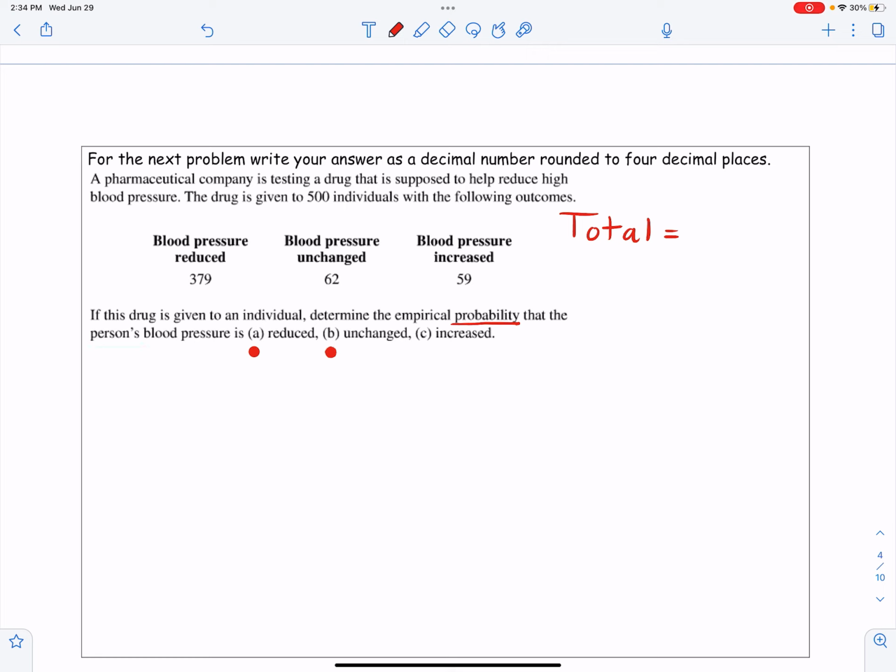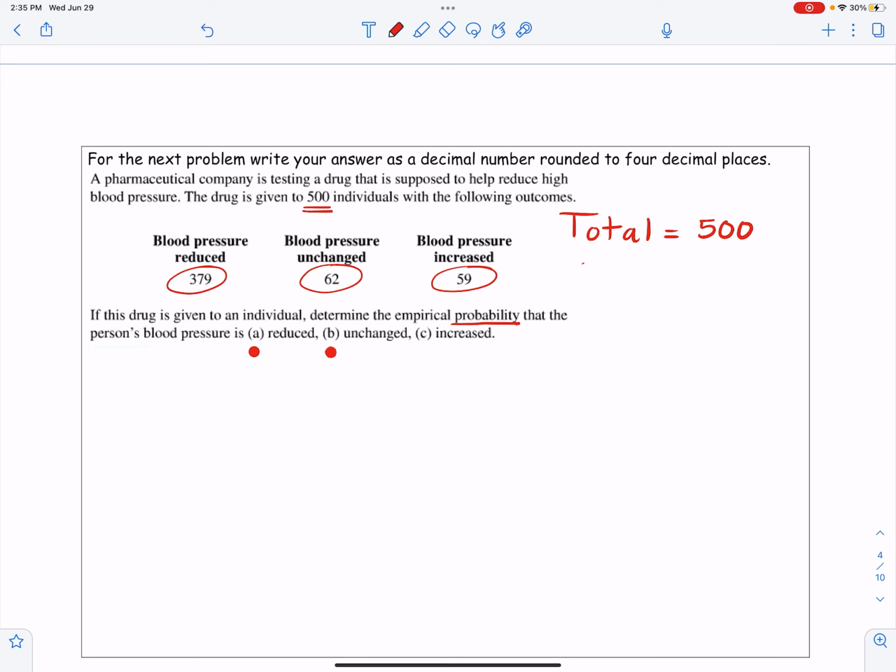In this case, we're testing a drug, a high blood pressure drug. The drug is given to 500 total individuals. And remember, anytime you're not given the total, you can compute it yourself if you just add up the number in each group.